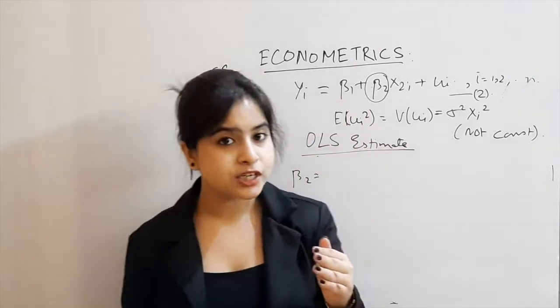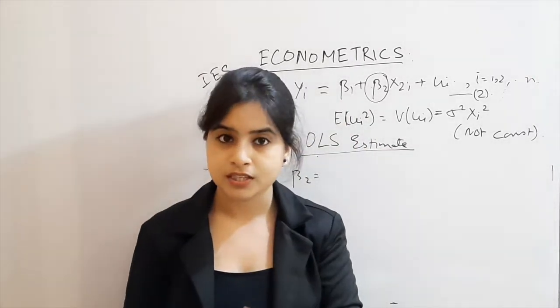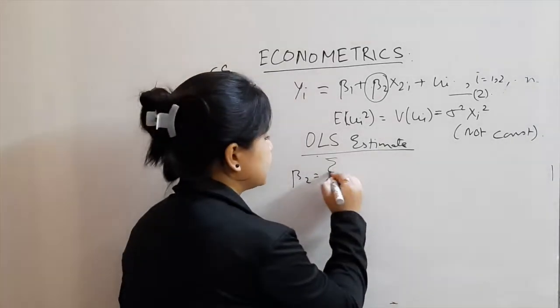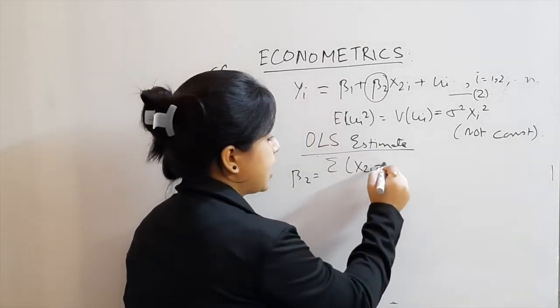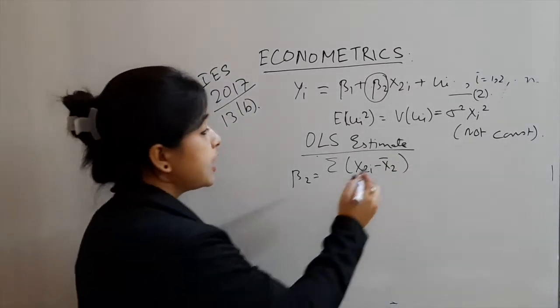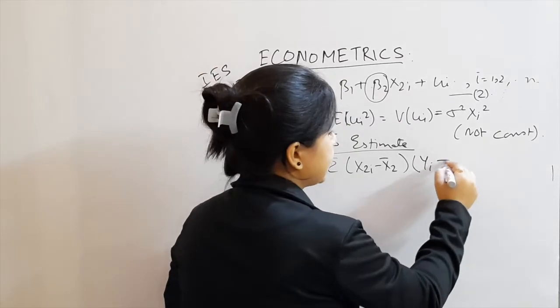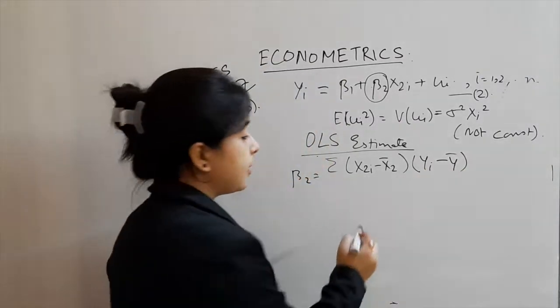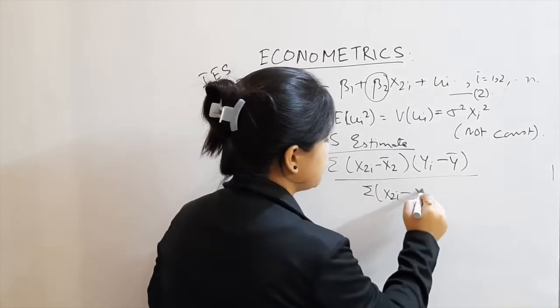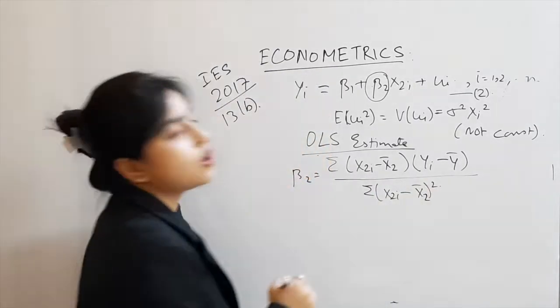After differentiating, we will be getting the two normal equations, and ultimately we will be getting this value: summation of (x2i minus x2 bar) into (yi minus y bar), divided by summation of (x2i minus x2 bar) whole square.